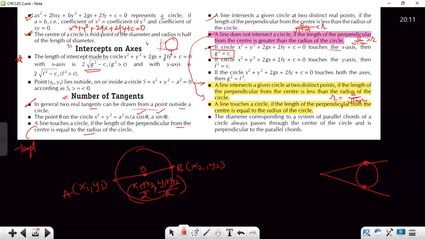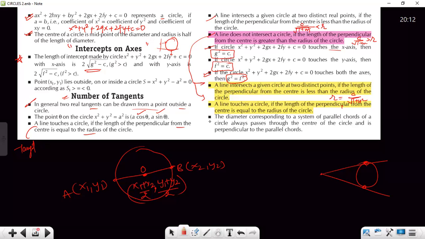That was the intercept. The circle will be touching the x-axis when g square is equal to c, and the y-axis when f square is equal to c. And the circle will touch both axes when g square is equal to f square. In this case, c will be 0.